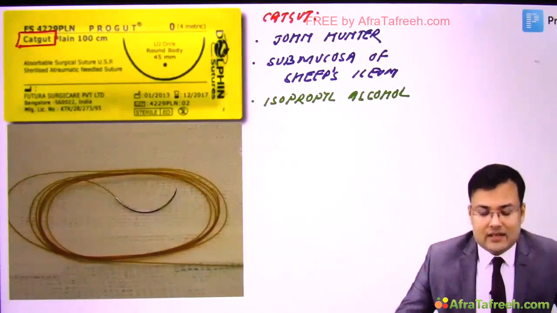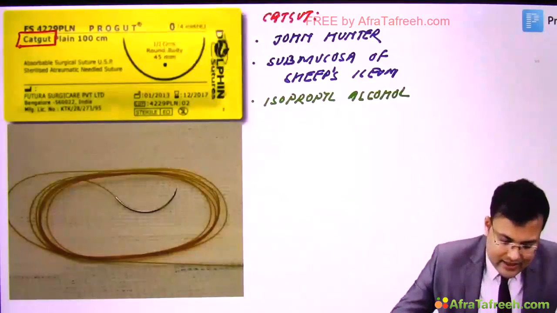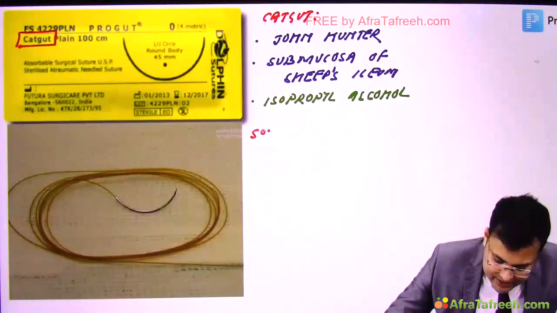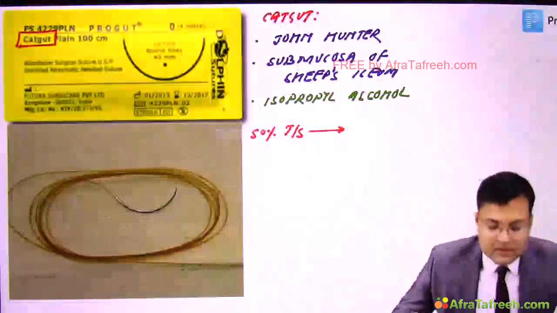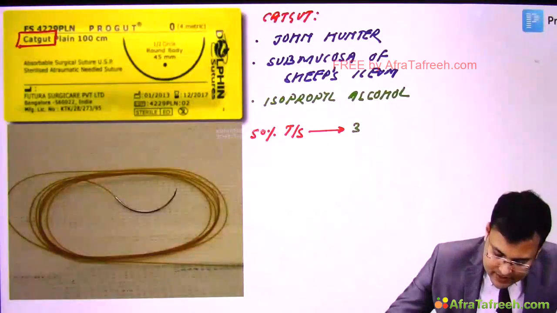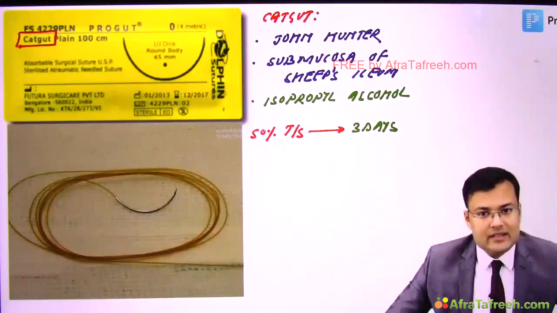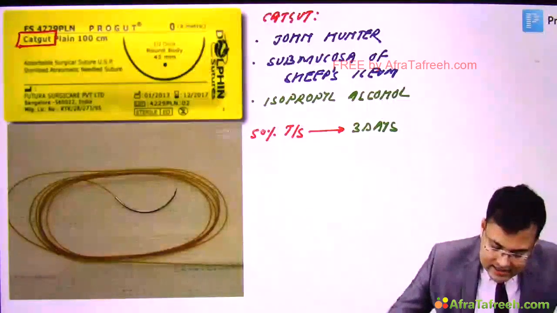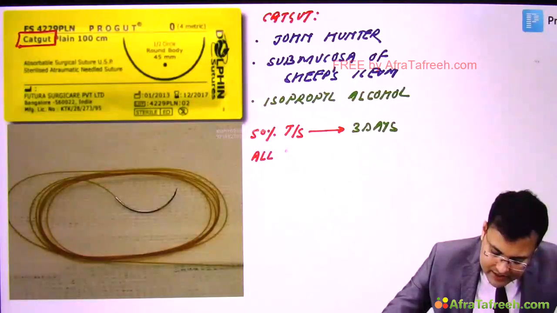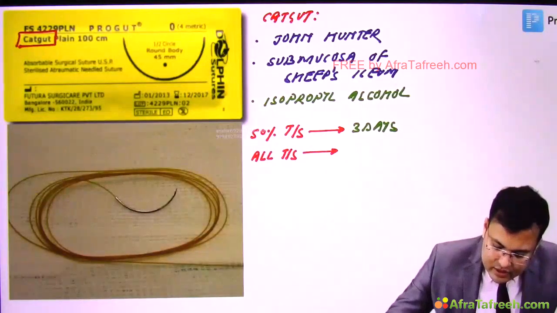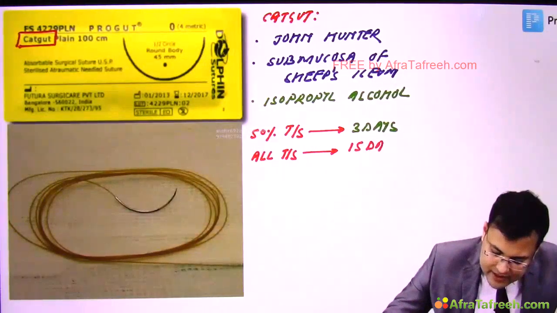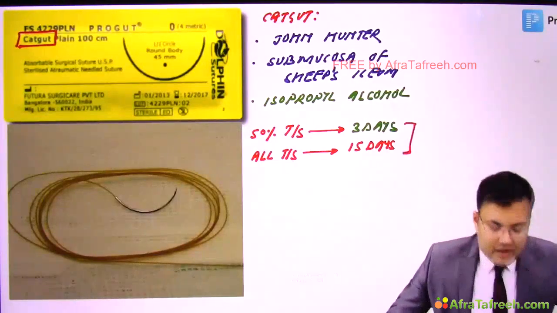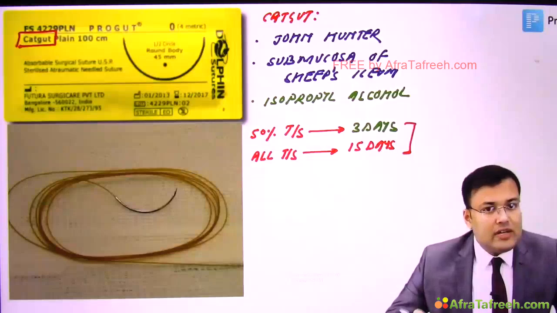So if you see catgut here, 50% tensile strength is lost in 3 days, and all tensile strength is lost in 15 days. Clear? So this is the question related to tensile strength.